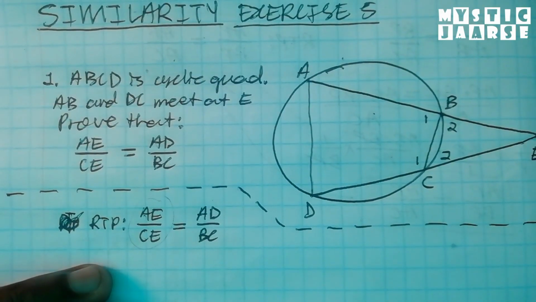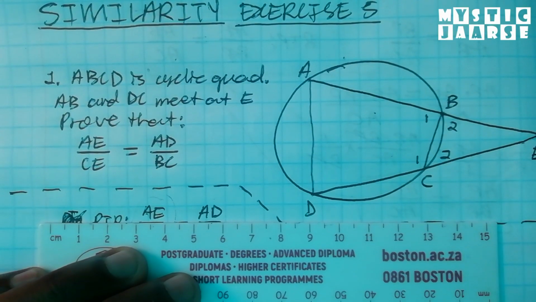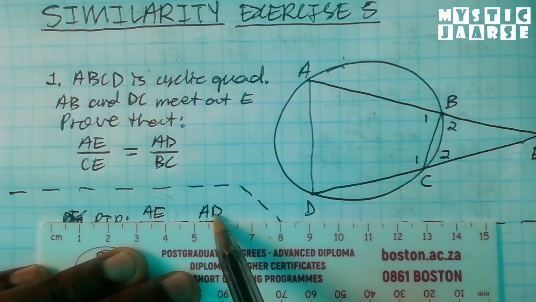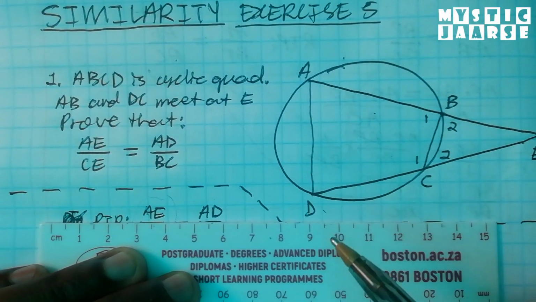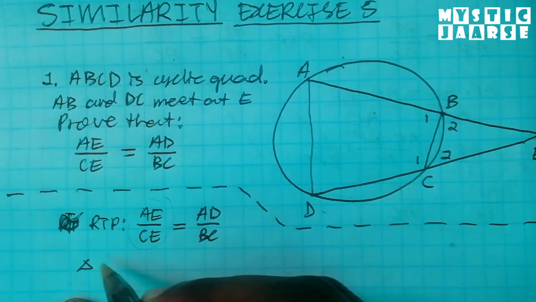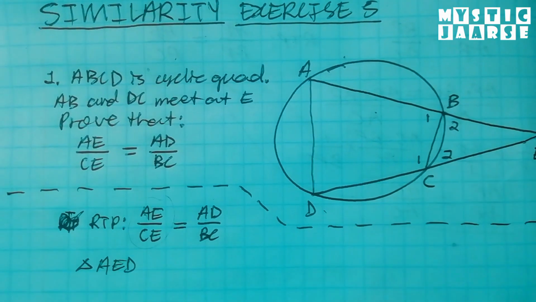So what I'm going to do is focus only on the numerator. So I have AED. Is that a triangle? AED. Yes, there is a triangle that we can call AED, triangle AED.